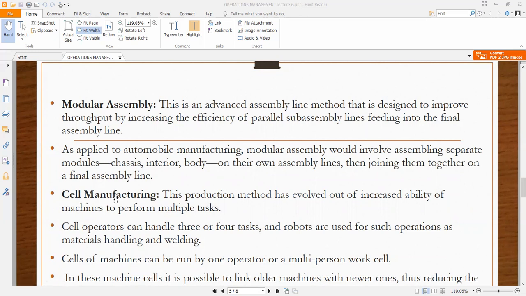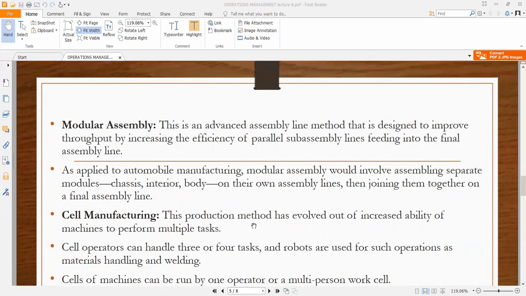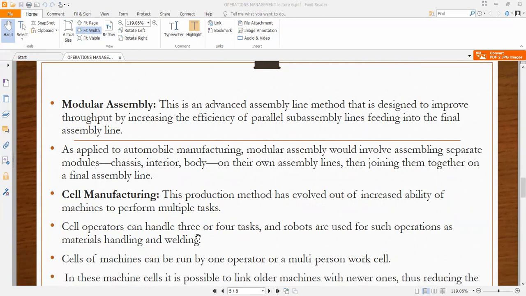Now, the second one is cell manufacturing. This production method has evolved out of the increased ability of machines to perform multiple tasks. Here we're talking about a machine that can perform multiple tasks. Now, cell operators can handle 3 or 4 tasks, and robots are used for such operations as material handling and welding.